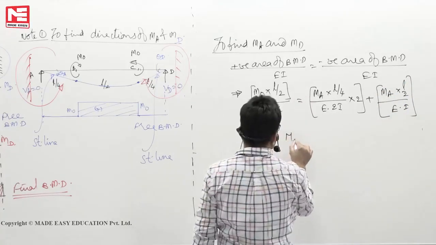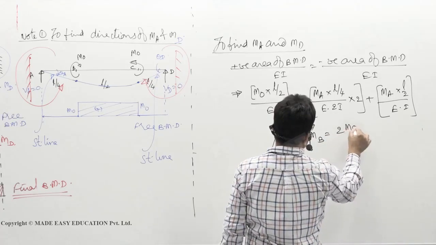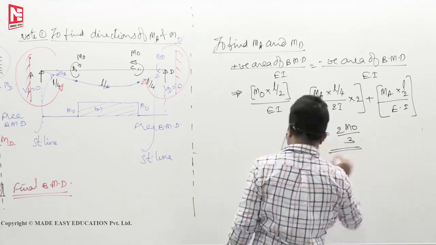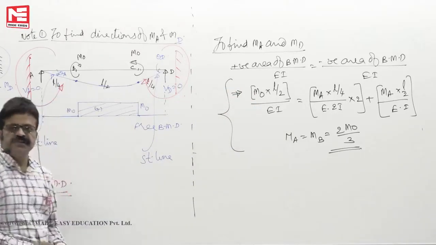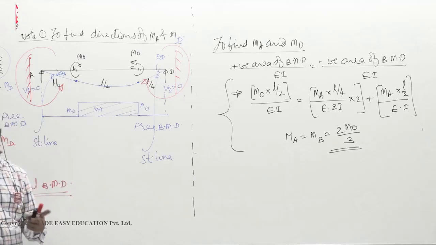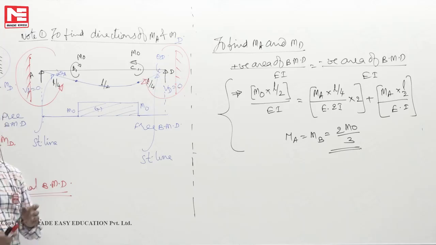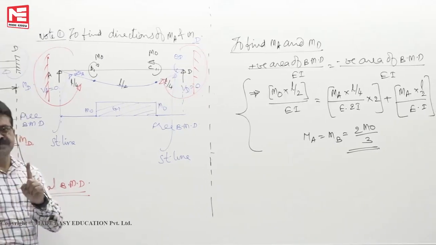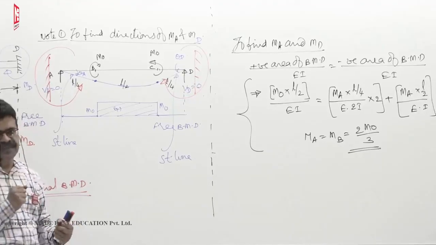So you will get MA is equal to MB, which is also the same, 2 M0 by 3. In 2 minutes' time you must finish this task. Quickly you should recollect that there will develop fixed end moments, then positive area by EI must be equal to negative area by EI. Then I think you must have been taught more lectures on how to draw bending moment diagrams.